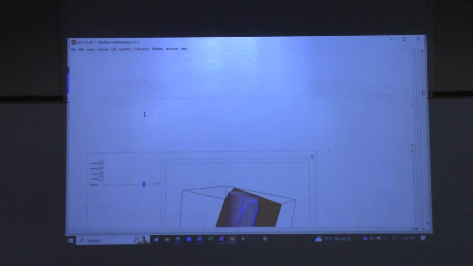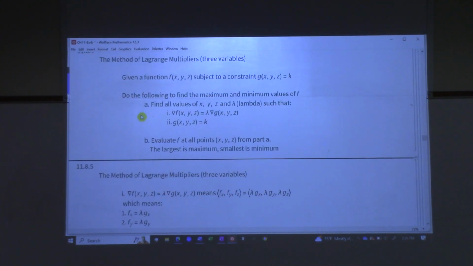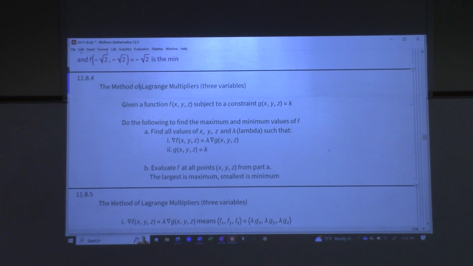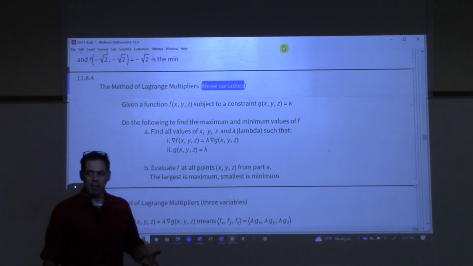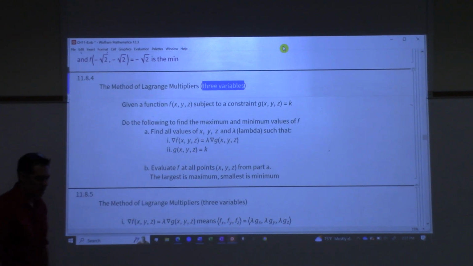So now we extend the Lagrange. Lagrange multipliers, 3 variables. This is as far as we go in Cal 3. As far as we go is 3 variables. But in theory, you could extend this to 4, 5, 6, 7, and more variables.